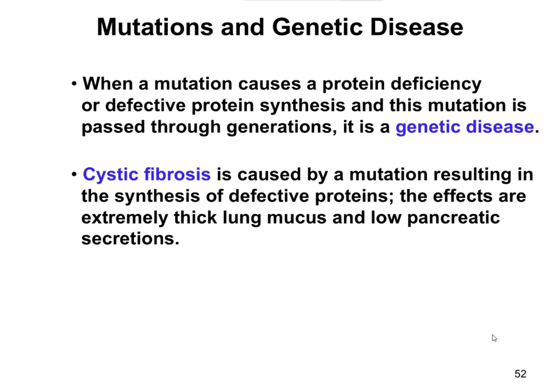So this is when you have basically a known trait, and it can be passed on from generation to generation. This is very different than, say, the example I gave earlier where UV light comes in and mutates your DNA. That's something that occurs more randomly and is not passed on from generation to generation, whereas this type of genetic disease is.